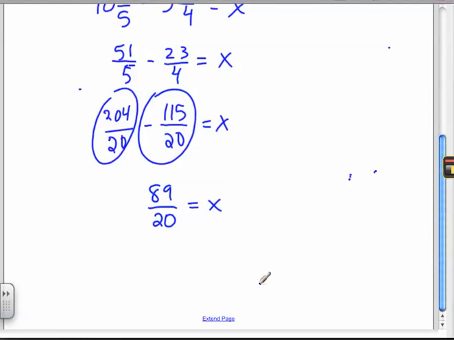The closest is 4 times. And how many is left over? 9. 9 what? 9 20ths. 4 and 9 20ths miles to hike. Okay. And that would be what? 4.45 miles?